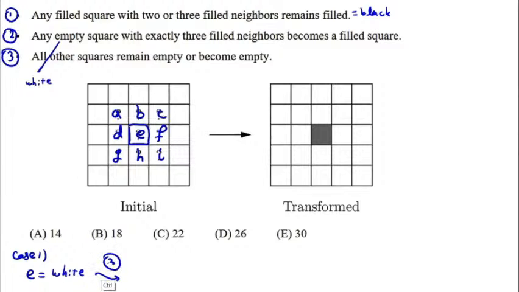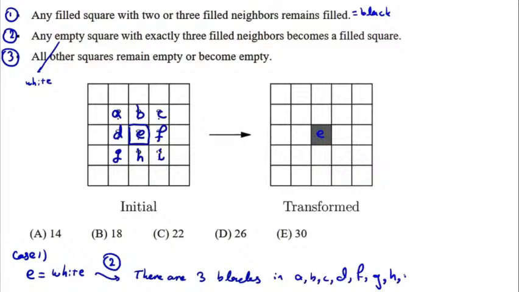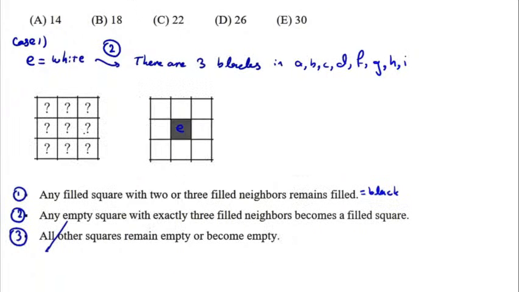By the second condition, because E here will be black, it says any empty square with exactly 3 filled neighbors, so there are 3 blacks in other cells like A, B, C, D, F, G, H, I. Now we know we have 3 blacks around this at first.